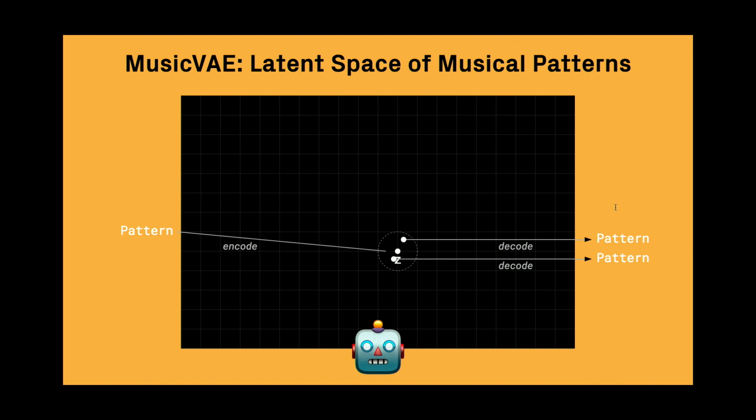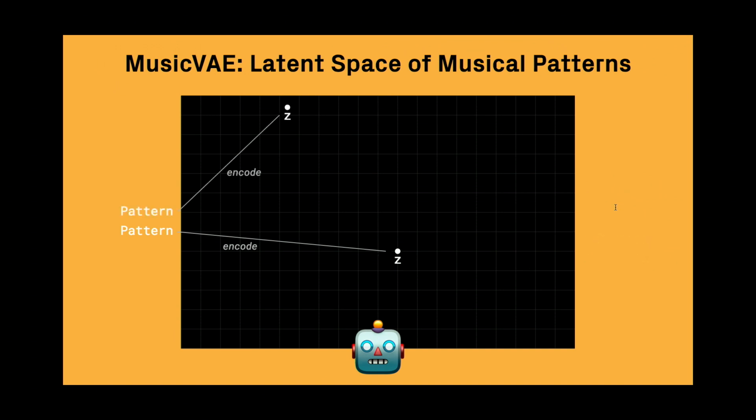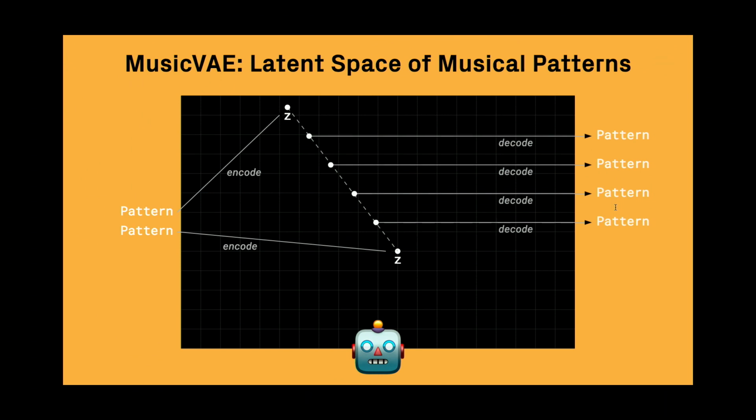And if you happen to have 2 musical patterns, you can get 2 points by encoding both of them. 2 points in that space, and then you can walk the space between those 2 points and stop at certain intervals to see what are the intermediate musical measures between these 2 endpoints.